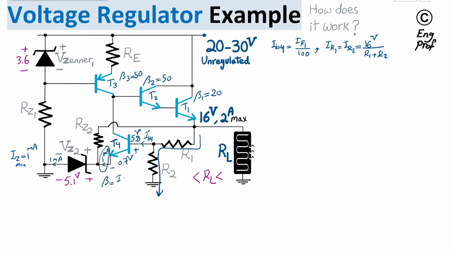Beta, which is the collector current divided by base current, is 50, which is roughly the emitter current divided by base current. So the base current of transistor T4 is this 1 milliamp, approximately the emitter current, divided by beta of 50. As a result, IB4 is on the order of 20 microamp.